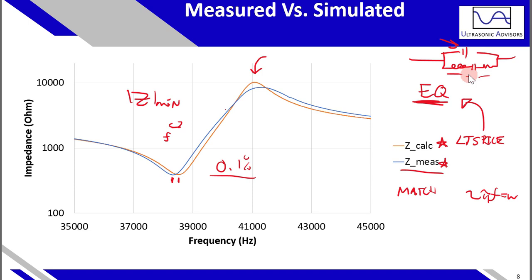So this says that the accuracy of this model at the anti-resonant frequency, for this specific transducer, mind you, it varies between transducers about which part becomes more inaccurate, but at the anti-resonant frequency there is increased mismatch between the calculated and measured value.